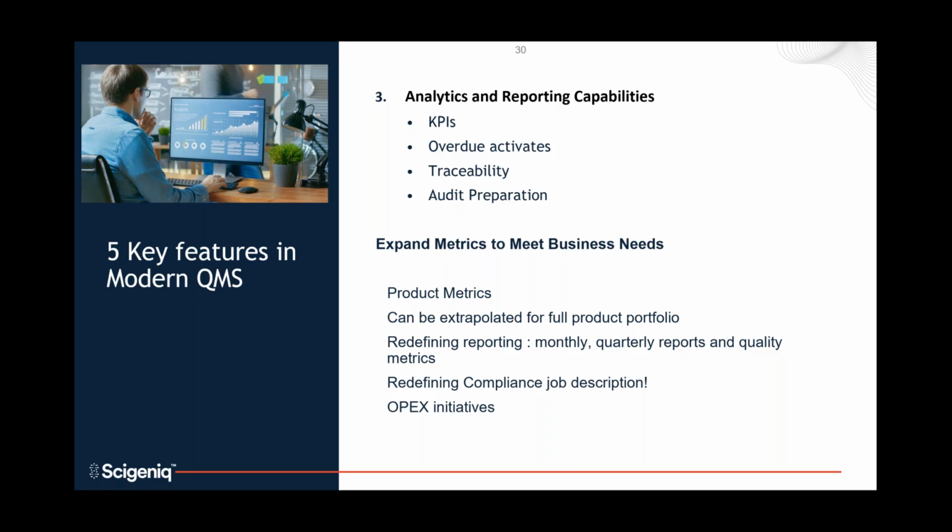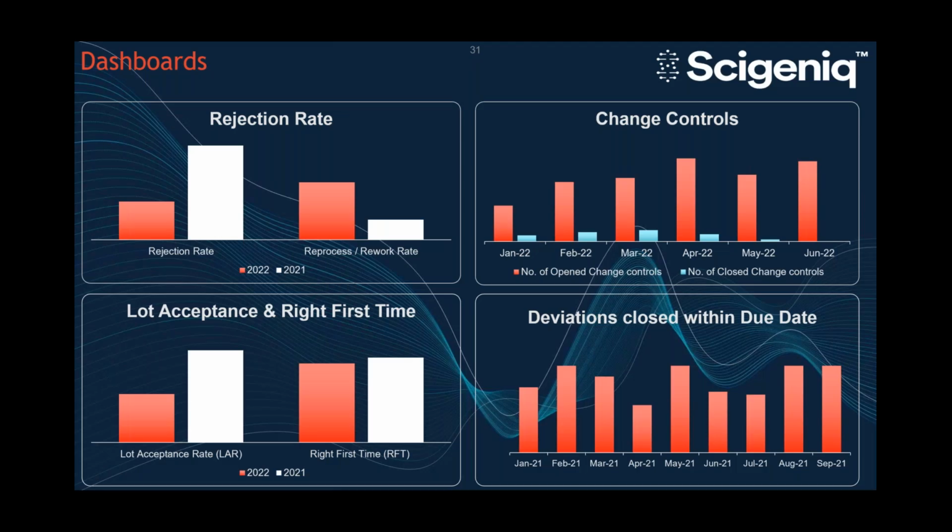Not only this, you can use these analytics to expand to product metrics. You can have some operational excellence initiatives for you to also reduce cost in some initiatives. Can you go to the next slide, please, Yoad?